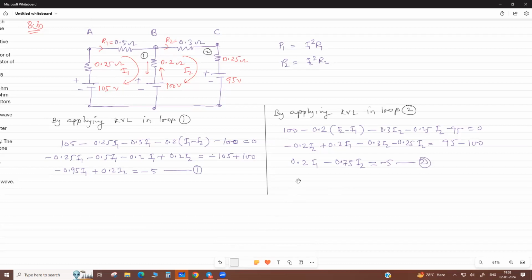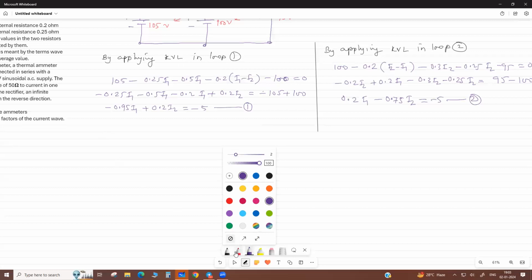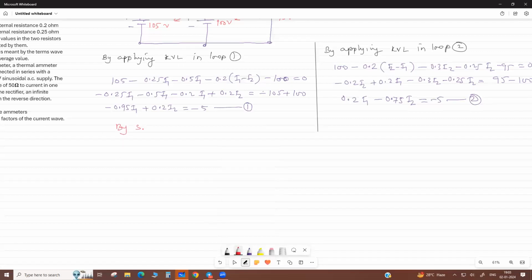Now you get these two equations. By solving these two simultaneous equations, you get I1 and I2. You can use the calculator to solve this: go to equation in two unknowns.